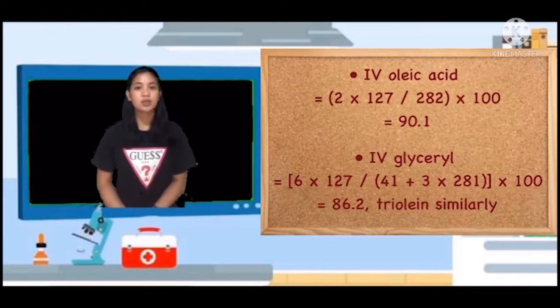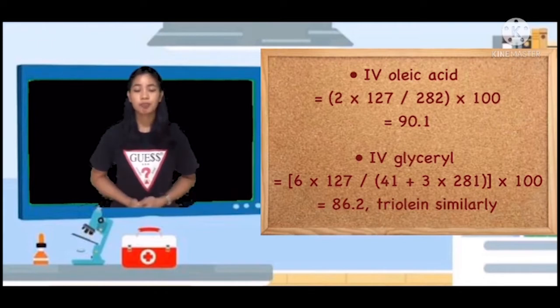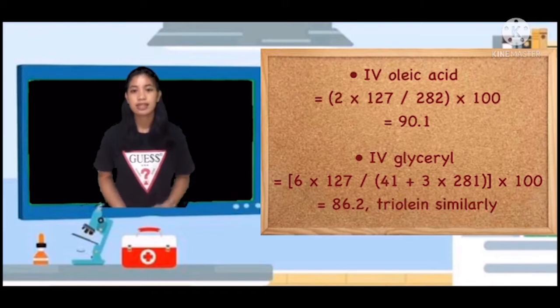As you can see on the screen, those are some examples of IV or iodine value and its equivalent. First is the IV of oleic acid, which is equivalent to 90.1. Then the IV of triolein, which is equivalent to 86.2.